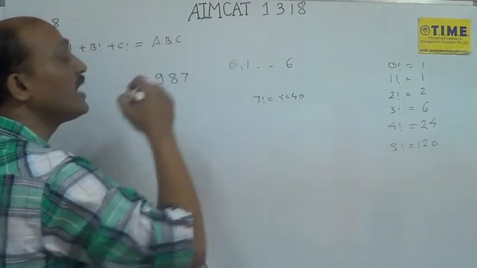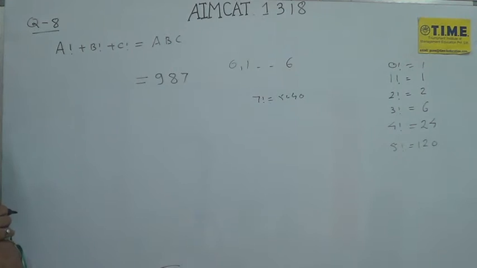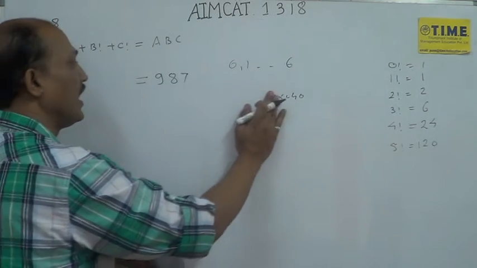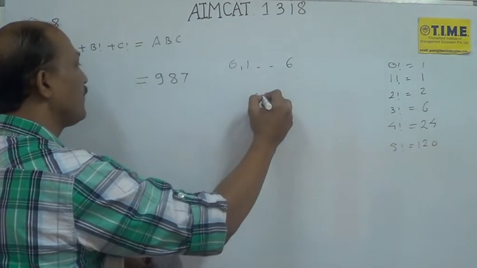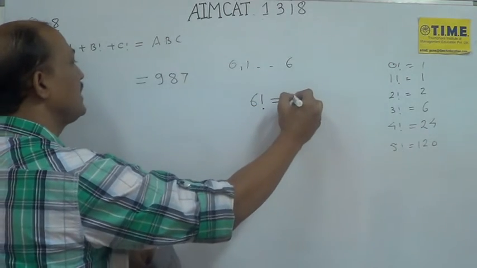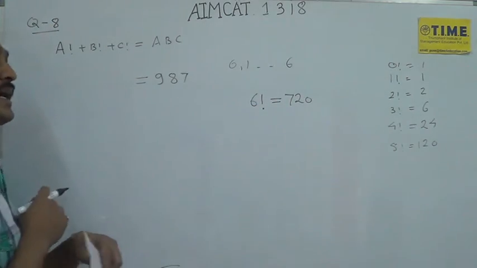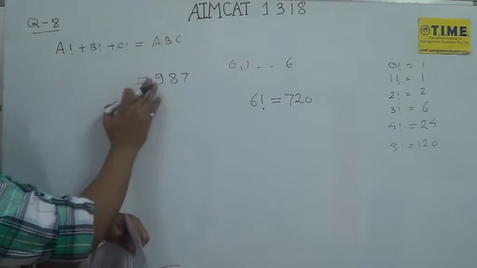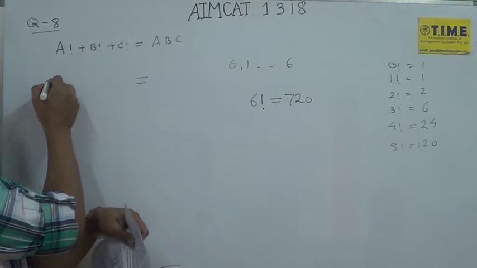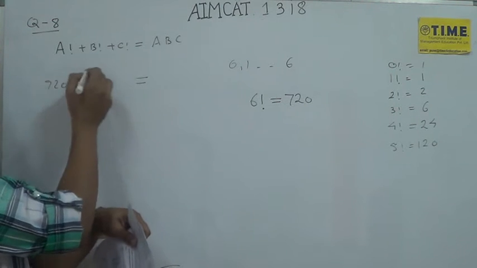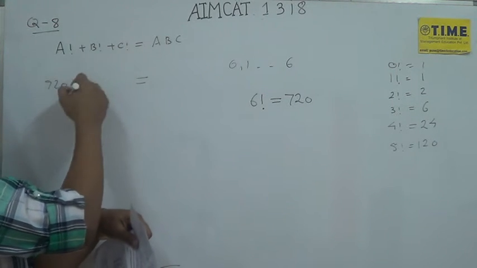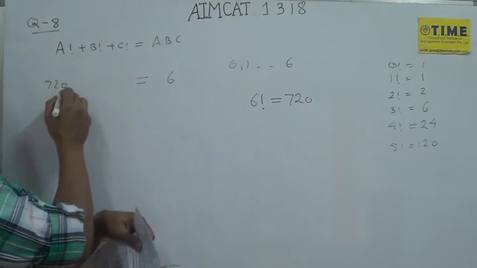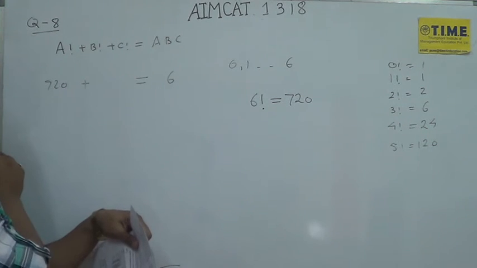The maximum I can think of is 0, 1, 2 up to 6. Again, I can argue about 6 factorial, which is 720. It also cannot be part of the left hand side, because if it is part of the left hand side, the sum will be 720 plus something.